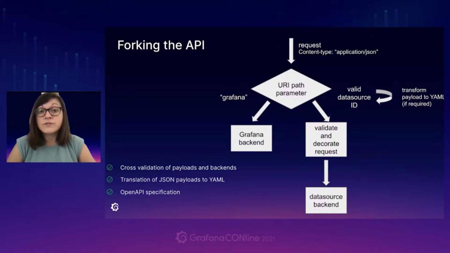For instance, we don't want to send to Cortex a payload that contains Grafana managed rules. And also, we don't want to send to the Alert Manager that is now embedded in Grafana some configurations that Grafana does not understand. Also, the Alert Manager API expects YAML instead of JSON. Therefore, the backend translates the payload to YAML before sending it.